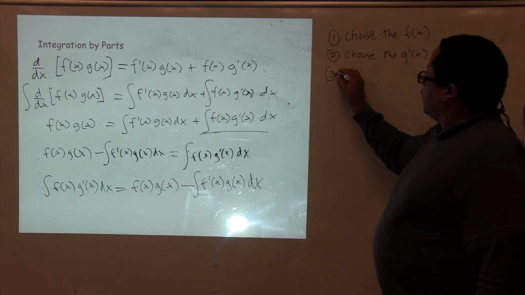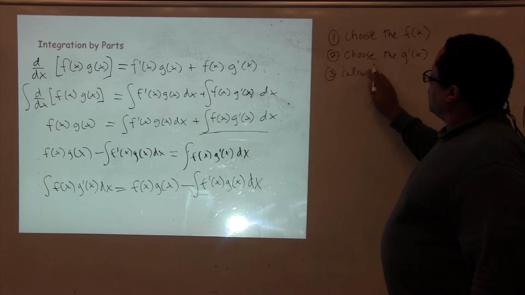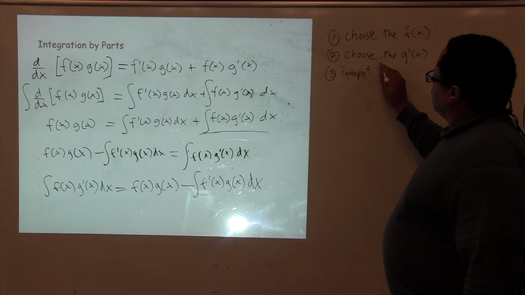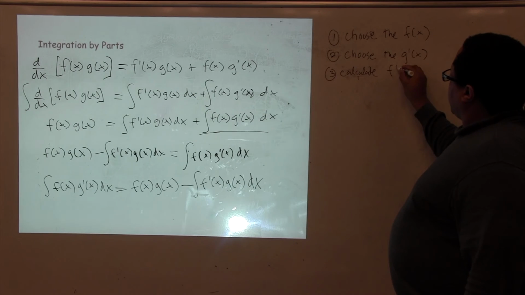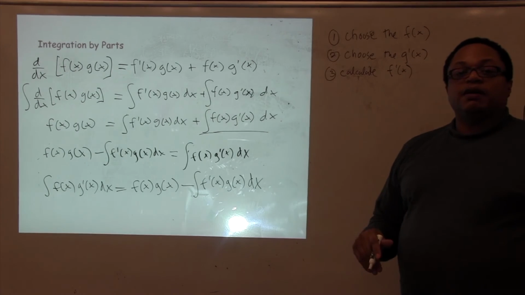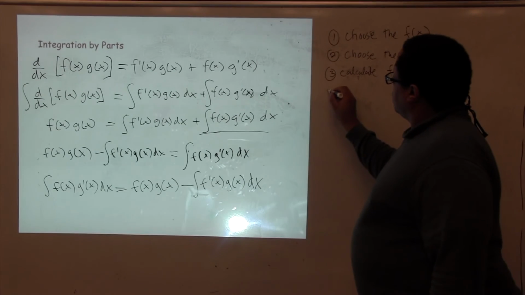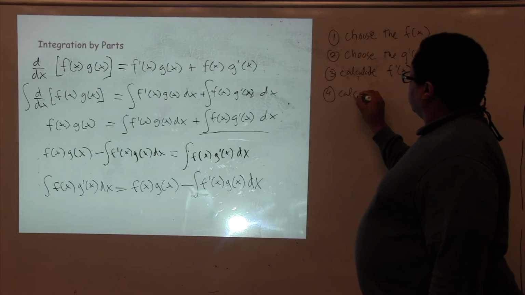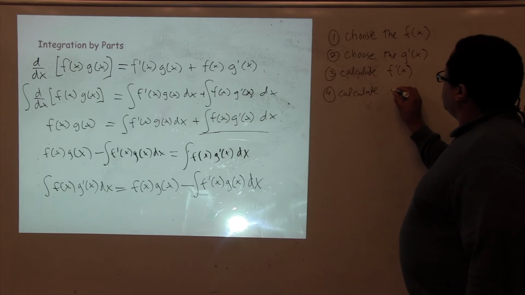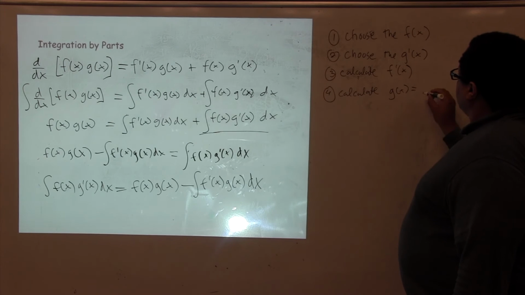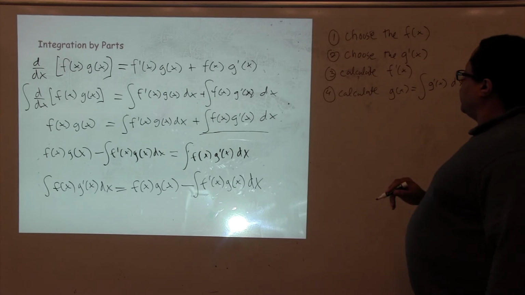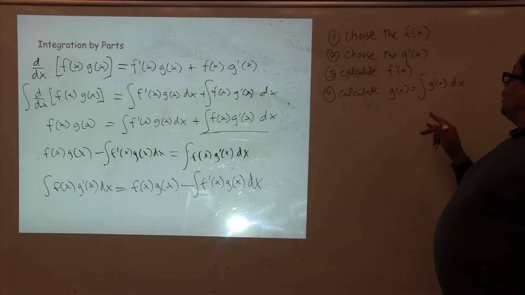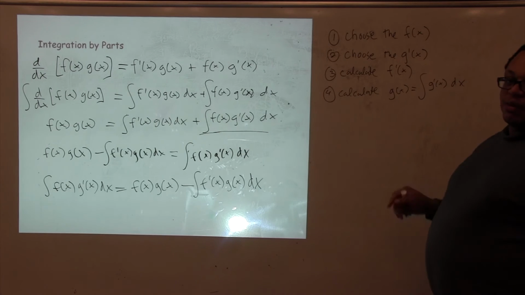Then step three, we calculate f prime of x, the derivative of the f of x term. And then four, we calculate the g of x term, which is nothing more than the integral of the g prime of x dx, right? So we compute g of x by taking the integral dx of that g prime of x term.